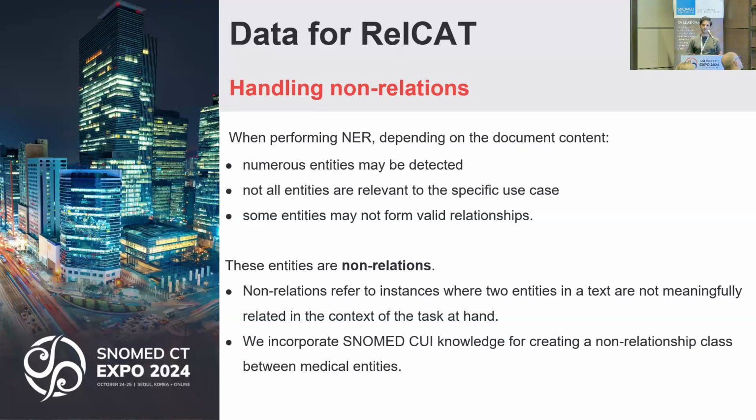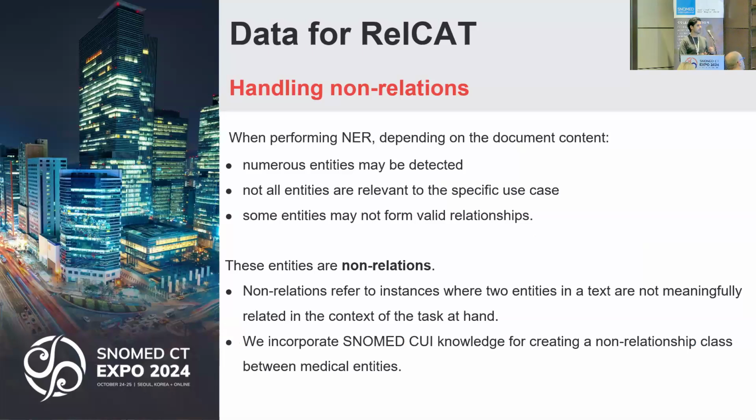The overall workflow of RelCAT and MedCAT is that you have unstructured medical text, then you perform NER on top of it, and you get a lot of medical entities. Now you want to classify or extract the relationship between them. But the majority of the medical entities would not have any relationship between them, and that's fine, that's expected. These entity pairs are non-relations.